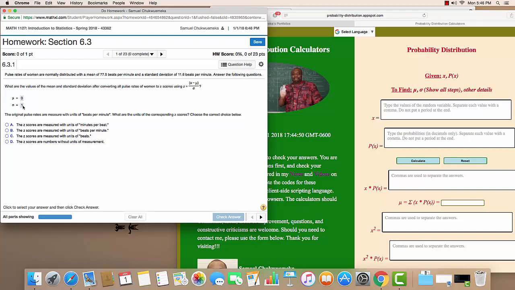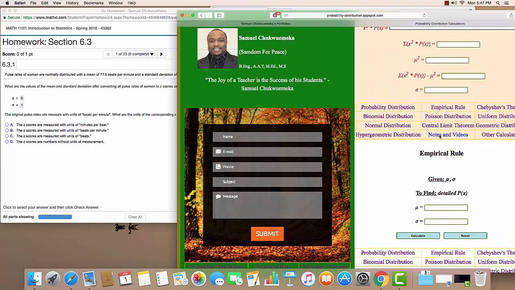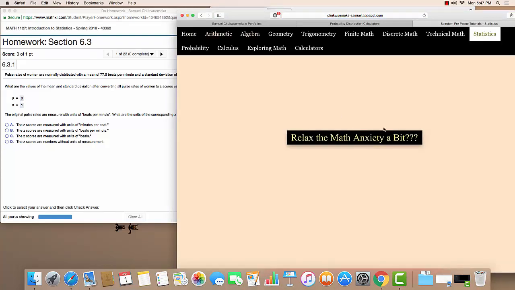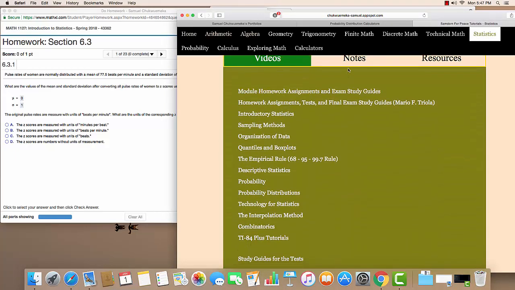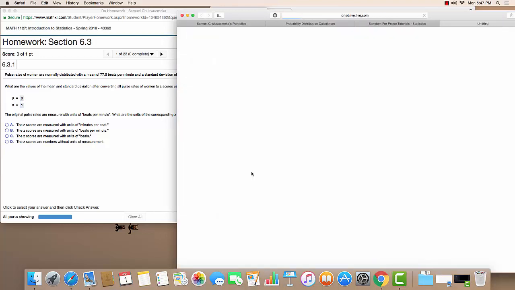We mentioned that if you go to my notes, if you come here and you click notes and videos, the notes say z-score is unitless. Z-scores have no unit.